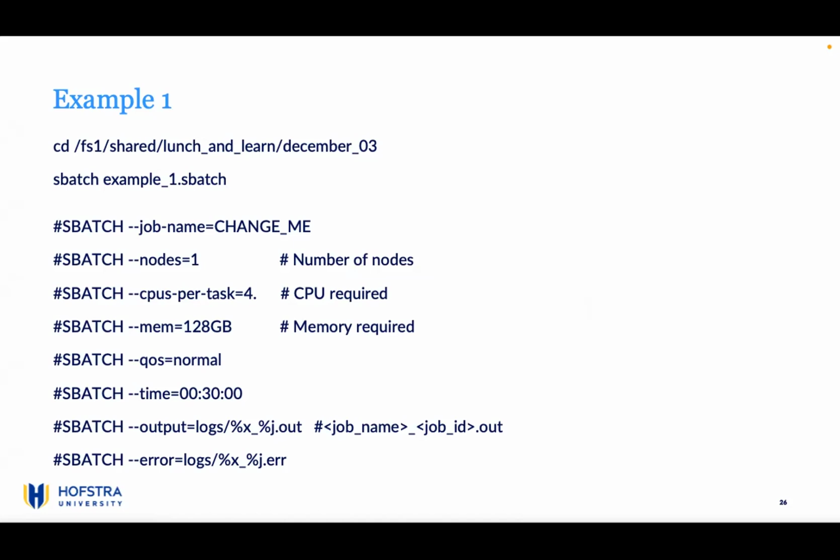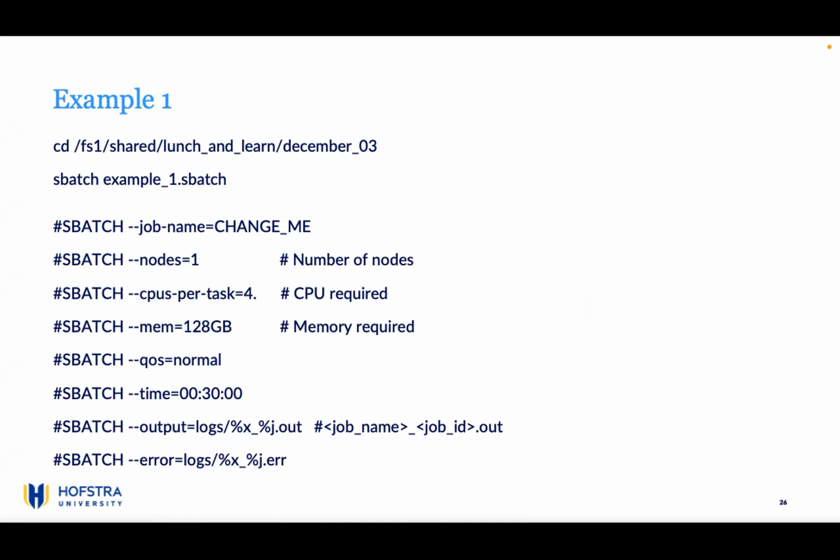In this example, we said we need one node on the cluster with 4 CPUs. It means for our task will be available 4 CPUs and 128 gigs memory. I set QoS as normal and max time for execution of my task 30 minutes.